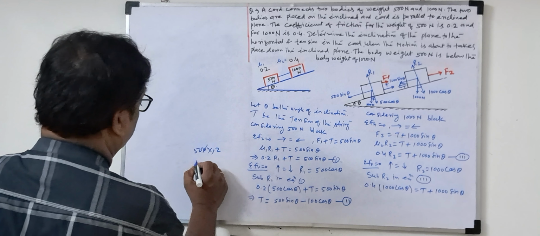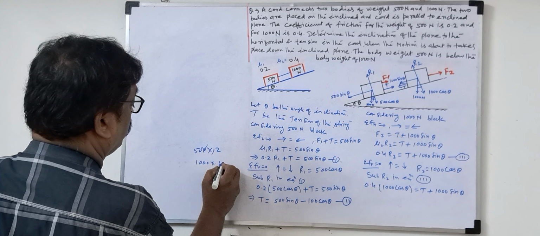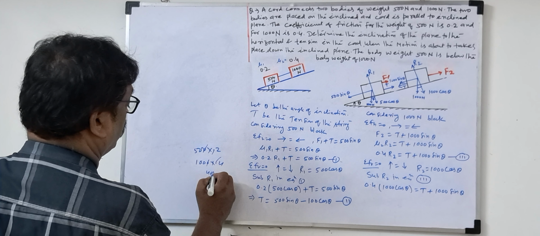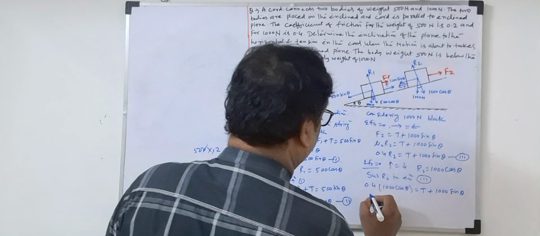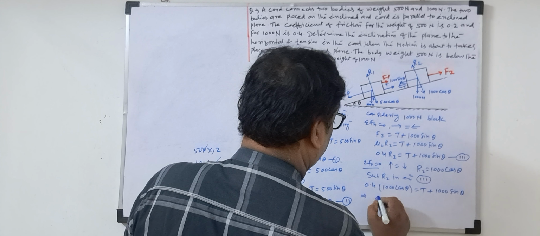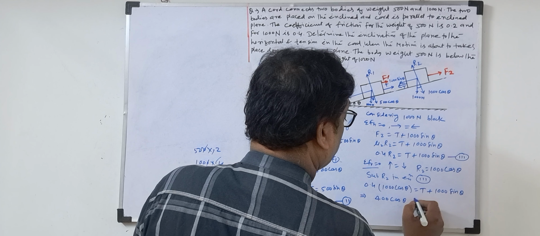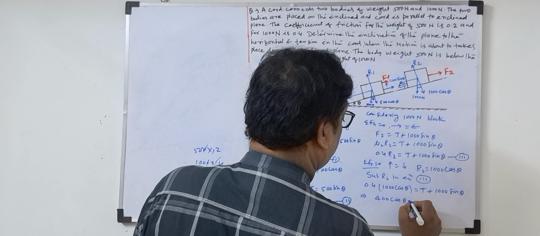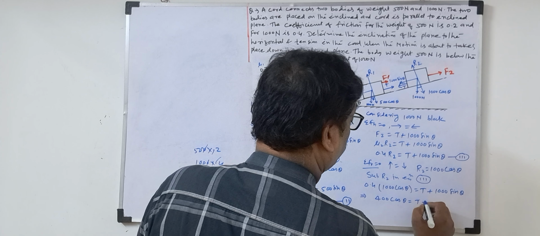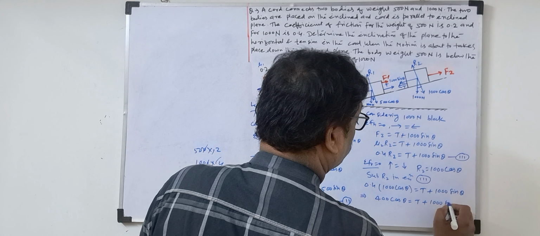So 400 cos theta equal to T plus 1000 sine theta.